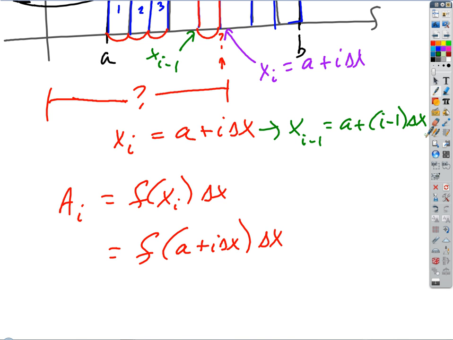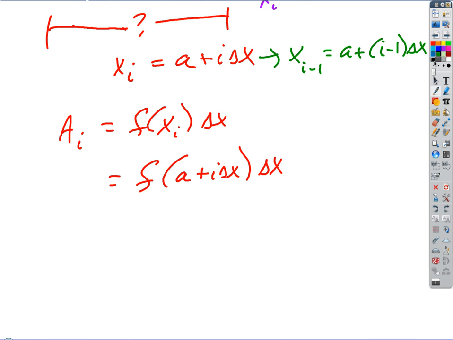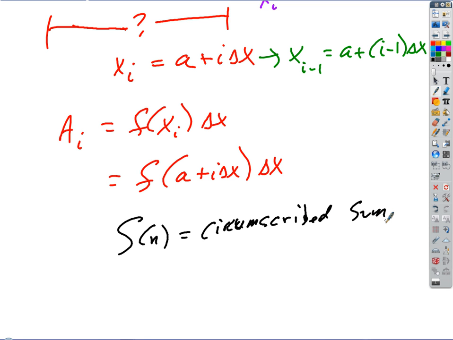Now, the notation we use for that is this. We would say that capital S sub n is the circumscribed sum, and lowercase s sub n, because it's a smaller one, is going to equal the inscribed sum.